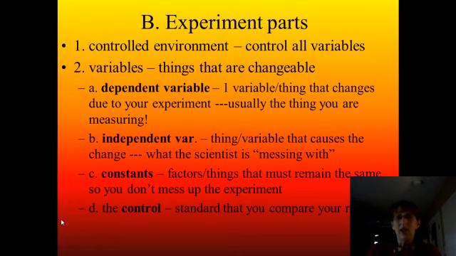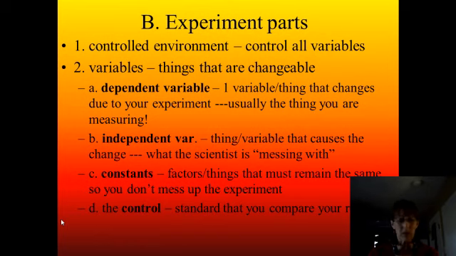And then finally, letter D, the control. The control you can think of as normal. When it says on the page it's the standard that you compare your results to, it's the norm or the normal. You have to know what normal is before you can know if your experiment actually made it do something different, right? So the control is normal. You have to be able to compare it to something normal.